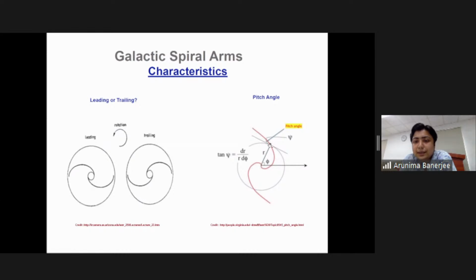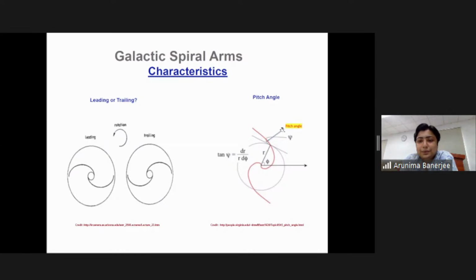At that radius, you construct an imaginary circle of radius r. This is the radius, and you draw a tangent to that circle. And this angle, denoted by psi, is the pitch angle.